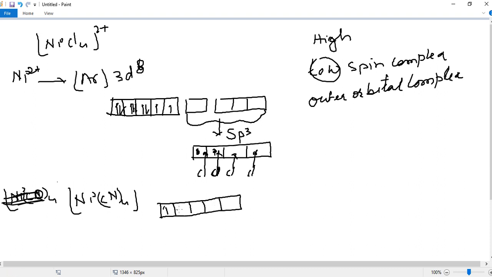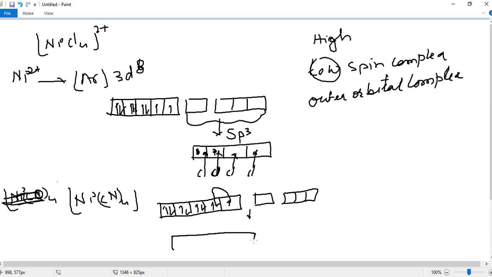1 2 3 4 5 6 7 8 and the s is vacant, p is vacant, और आगे के d भी vacant हैं. But due to the strong field intensity of cyanide, one electron will be paired with this. So what will happen?